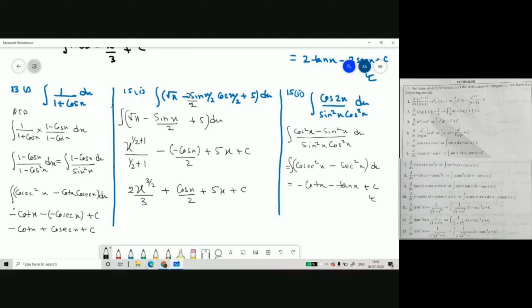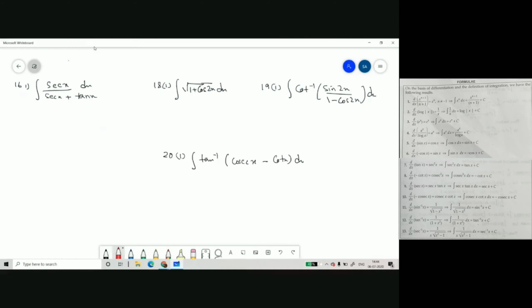Am I clear? Now let us look at the next sum. Now look at 16 part 1. Sec x by sec x plus tan x dx. Very easy. We'll rationalize the denominator. When we rationalize the denominator, we know we need to multiply the denominator and the numerator with sec x minus tan x, isn't it?